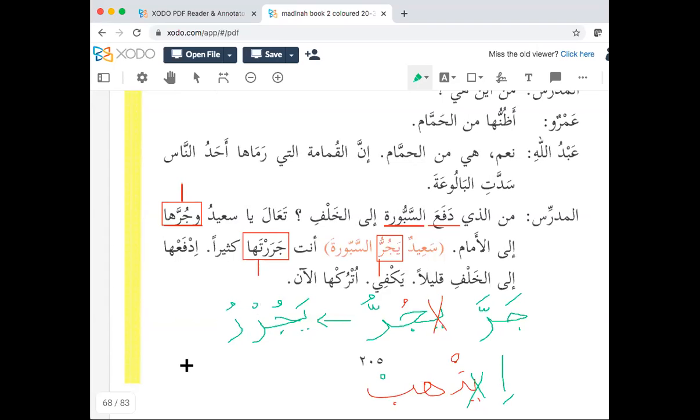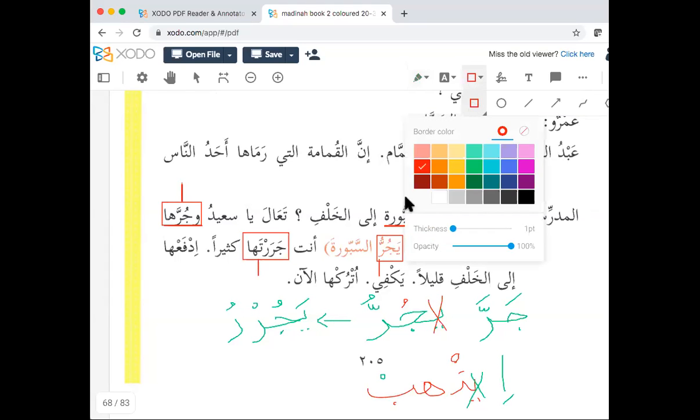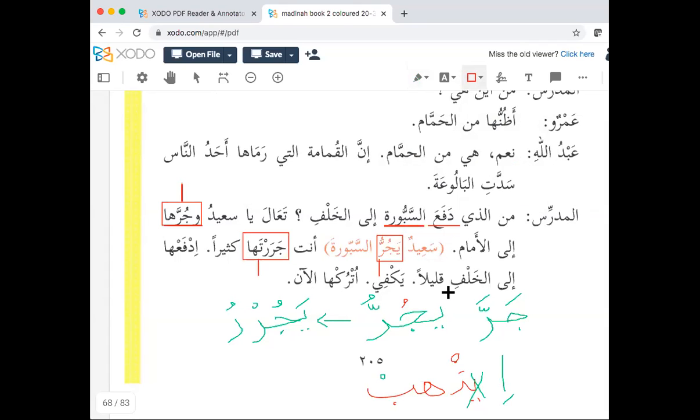Yajurru. What you can see here right now, yajurru, is the same as what you see over here. The difference is the way that we wrote it. Yajurru with a shadda actually is yajurru, the first letter being with a sukoon, second one being with the dhamma.